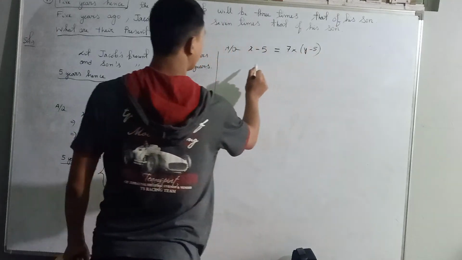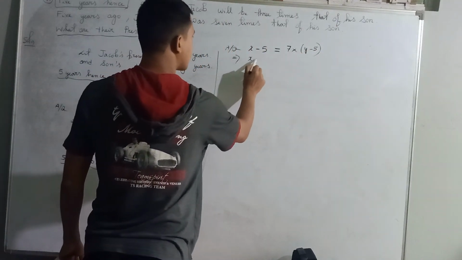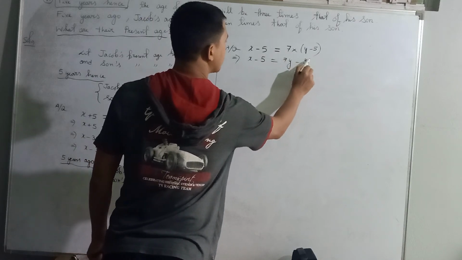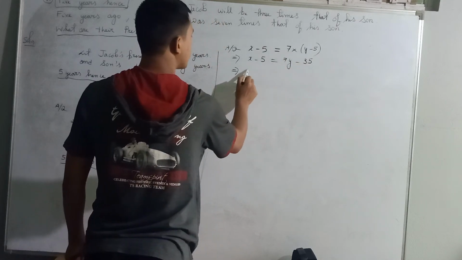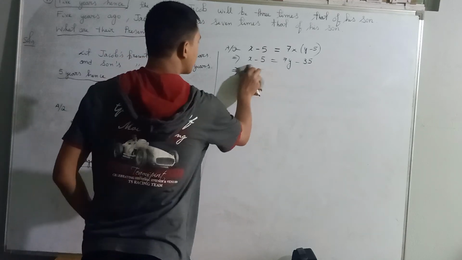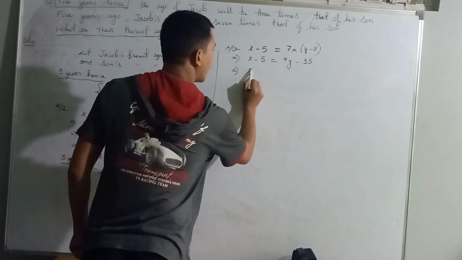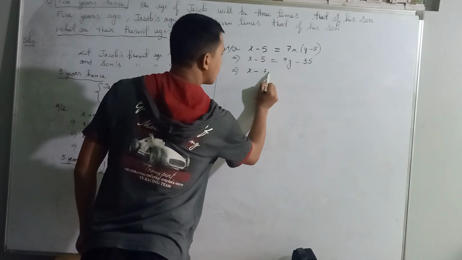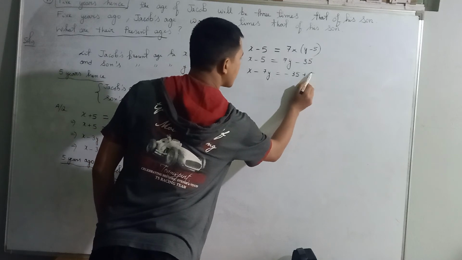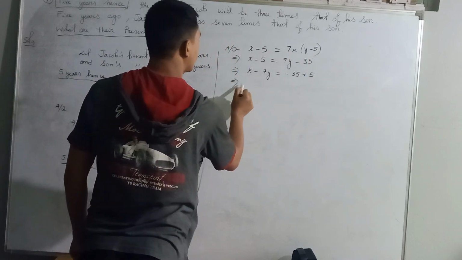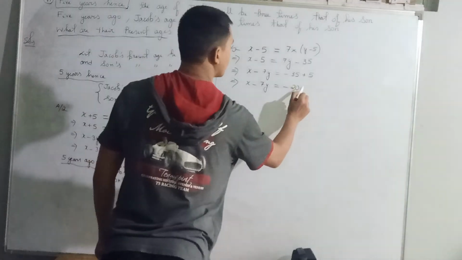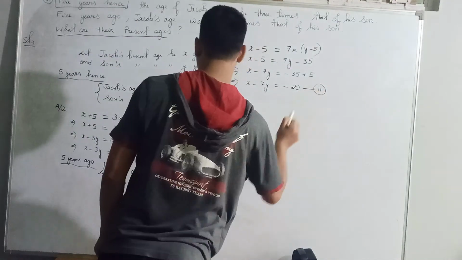So this implies X minus 5 is equal to 7Y minus 35. Let's rearrange it. X minus 7Y equals to minus 35 plus 5. So X minus 7Y is equal to minus 20. That is your second equation.